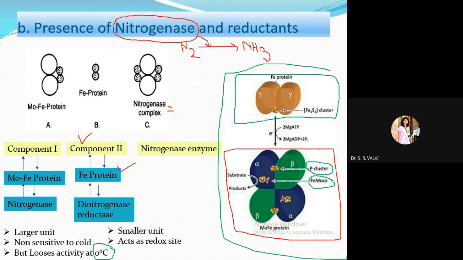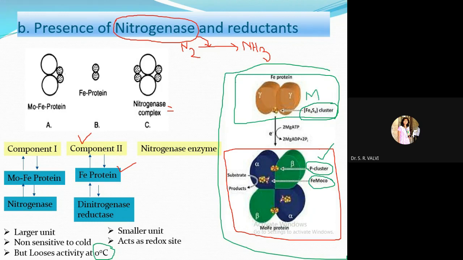Now come towards the smaller subunit, that is Fe protein. It has two gamma subunits and it has an Fe4S4 cluster. See, in the larger subunit, which cluster is present? P cluster is present in the larger subunit, whereas in the smaller subunit there is the Fe4S4 cluster, and that cluster is also called the M cluster.